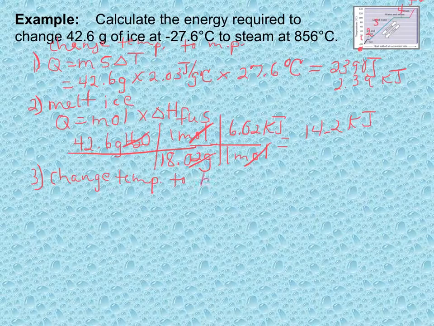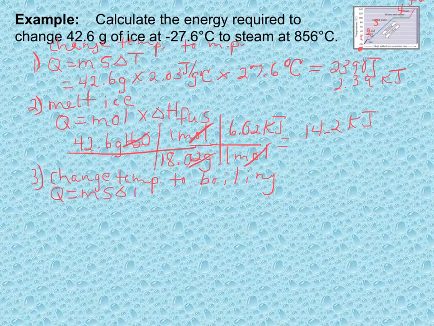All right, now step 3 is going to be involving the change in the temperature to the boiling point. So we're going from 0 to, we're right here in step 3. We're going to go from step 3 right here, from 0 up to 100. So, since we're on a slope, our temperature is changing. We're using the equation again, Q equals m s delta T. The mass is still 42.6 grams.